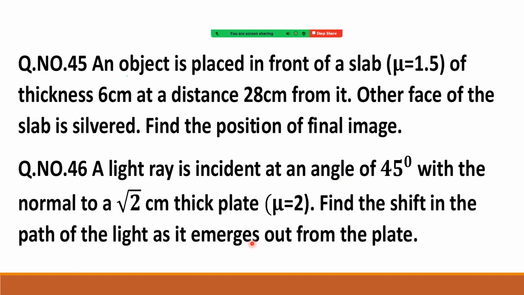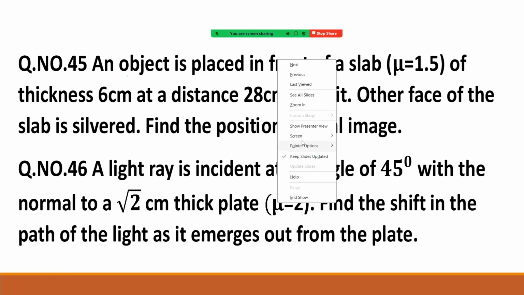This question is taken from H.C. Verma. We can see the light ray, the angle of incidence, the thickness of the plate, and mu are given. Find the shift in the path of the light as it emerges out of the plate. Okay, right.